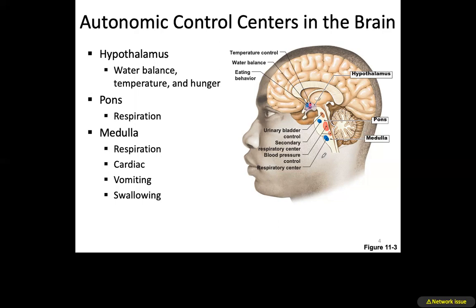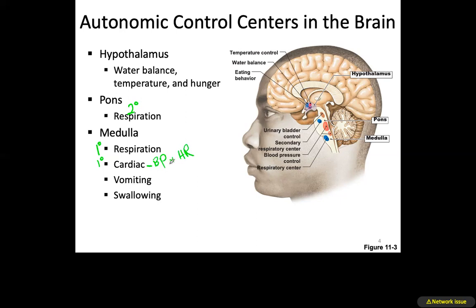Furthermore, you have your pons, which is identified as a secondary respiration center. If you still don't remember this from our previous lecture, pons is identified as the secondary respiration center, versus the medulla oblongata, which would be your primary respiration center and primary cardiac center, which basically controls your blood pressure as well as your heart rate.